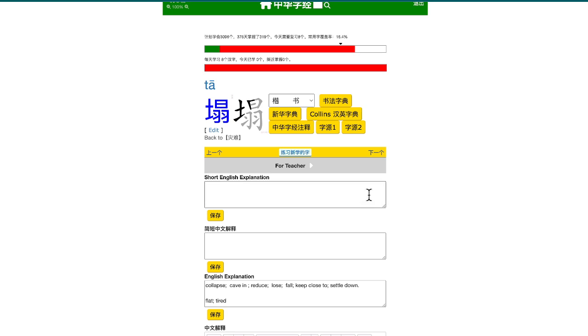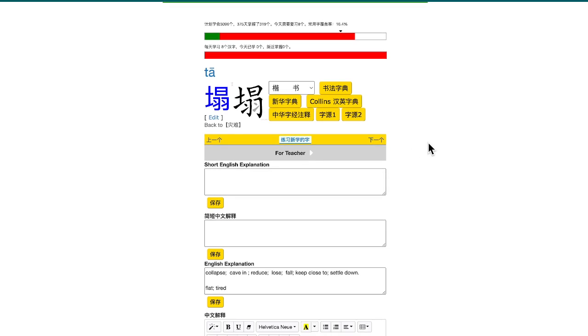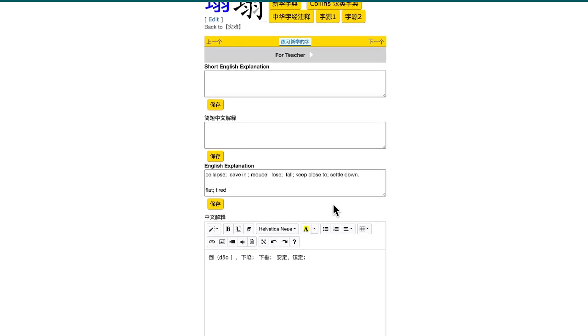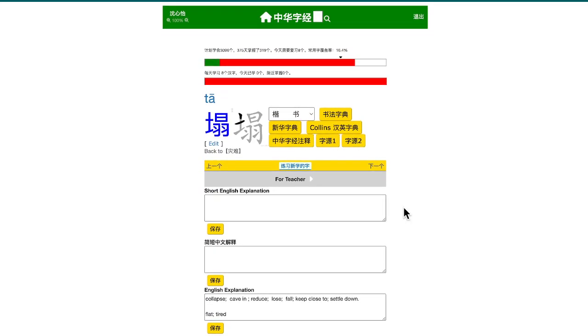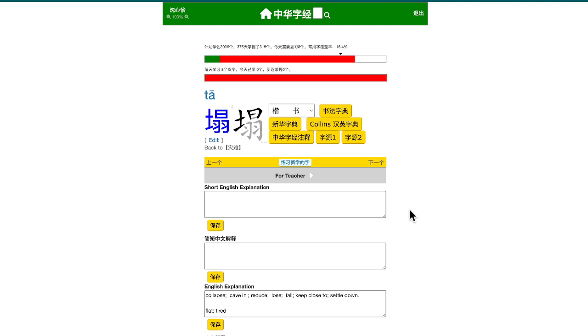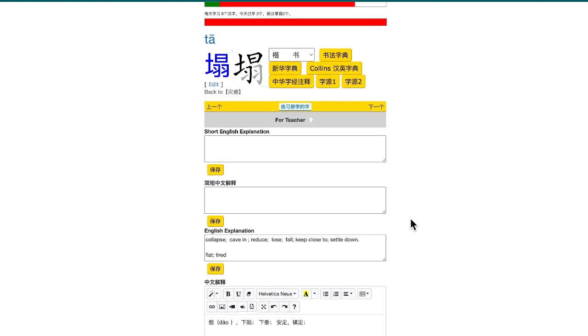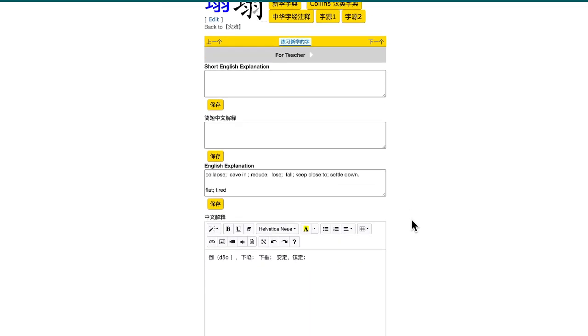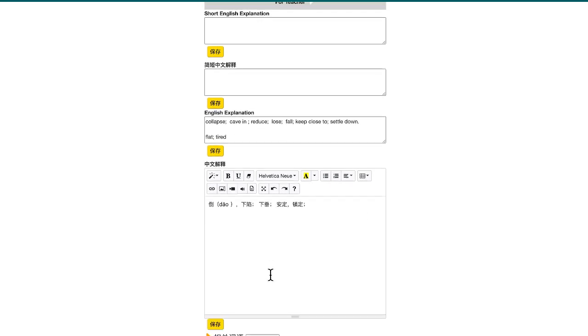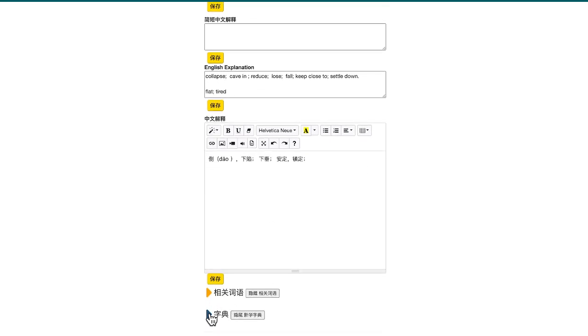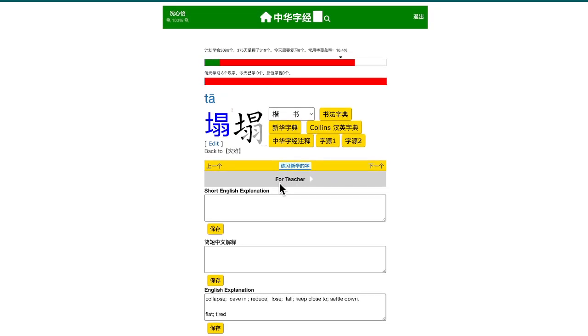Another meaning is tash, which refers to a person who is down to earth. That's a good character. Ta also means stable, firm, peaceful. All right, that's the second meaning.